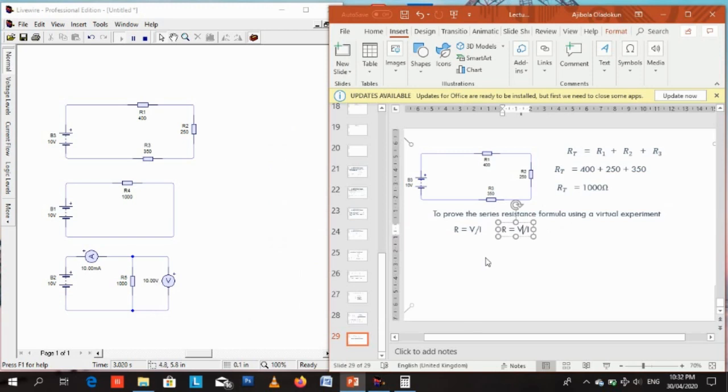So our V is 10 volts, and our I is the current flowing through that 1000 ohm resistor, which is 10 milliamps. 10 milliamps is equal to 0.01 amps or amperes.